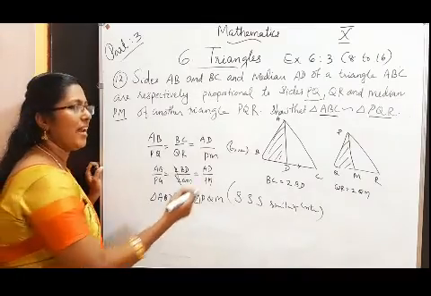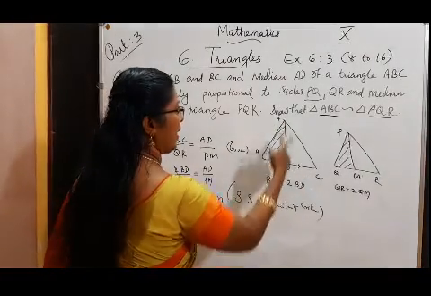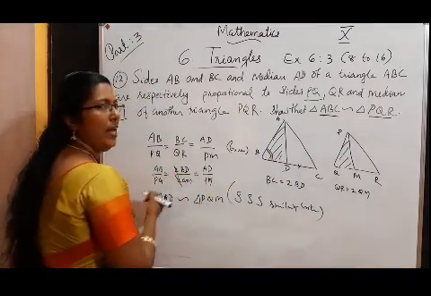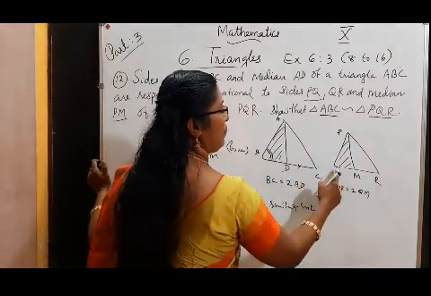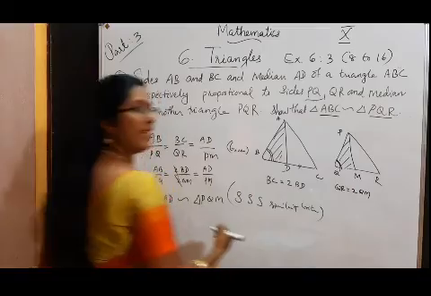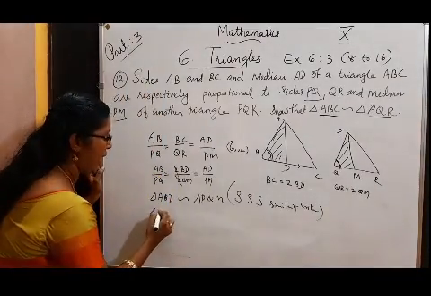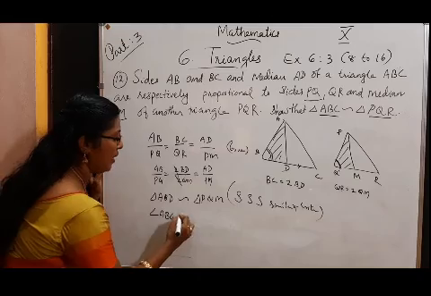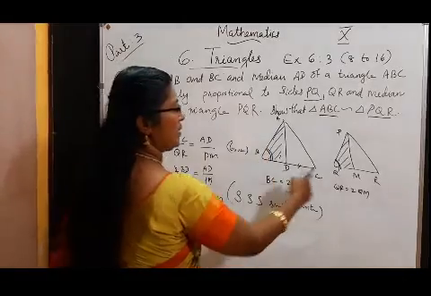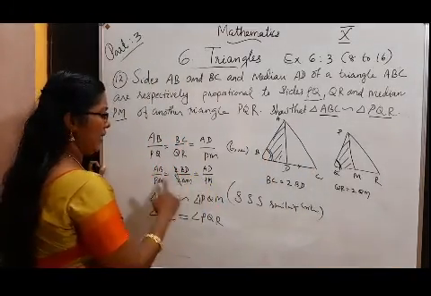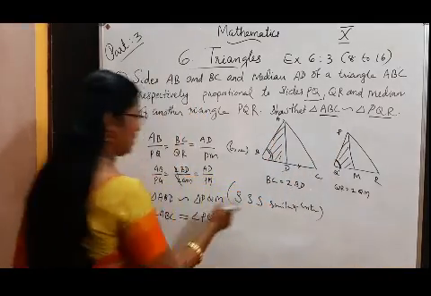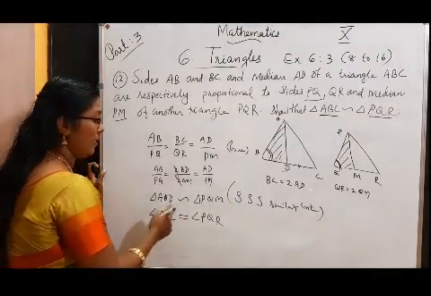Consider triangles ABD and ABC. Angle B represents the same angle, and in PQM and PQR, angle Q represents the same angle. So we can write angle ABD equals angle PQM, because these two triangles are similar.